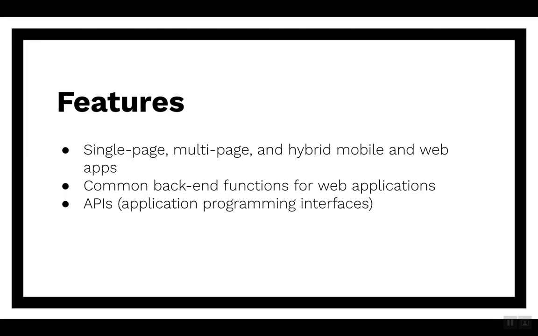That backend application can be built using Node.js and more specifically using ExpressJS. As it says over here, it is common for building backend functions for web applications. It is also useful in building APIs, which are application programming interfaces, which we will cover in a few minutes.